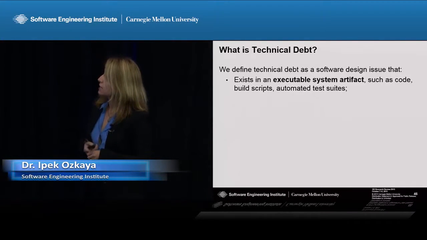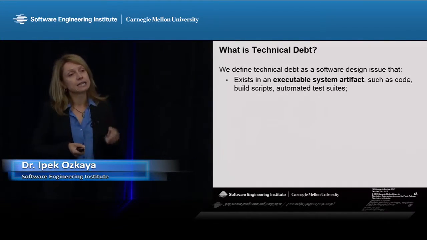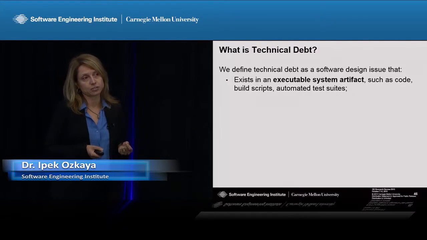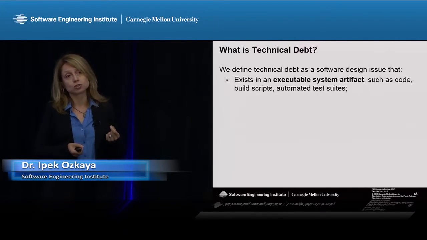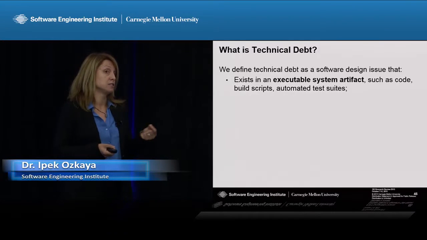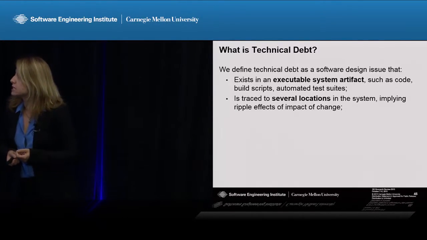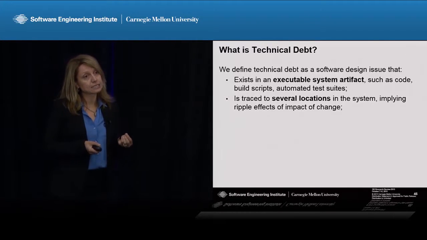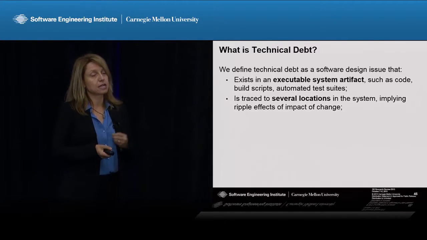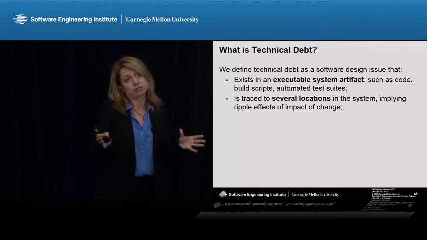So we define it as a software design issue that exists in the executable artifact of the system. This could be code, it could be automated test suites, where we see a lot of evidence, or it could be build scripts. We also see a lot of evidence that technical debt as a design issue is traceable to many areas in the software.